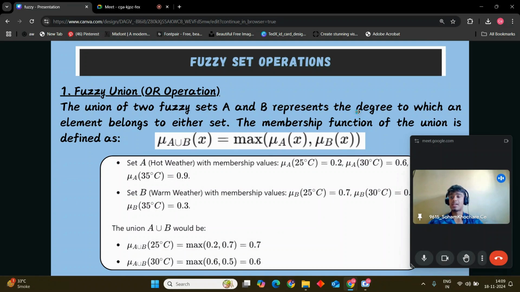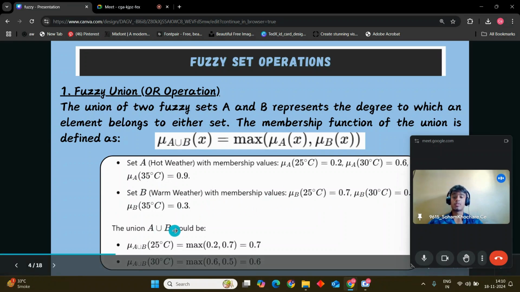So there are mainly three fuzzy set operations, starting with fuzzy union, or the OR operation. The union operation takes the highest membership value among terms, making it suitable for broader searches. For example, as you can see over here, there is a set A of hot weather with membership values as follows, and a set B of warm weather with membership values as follows.